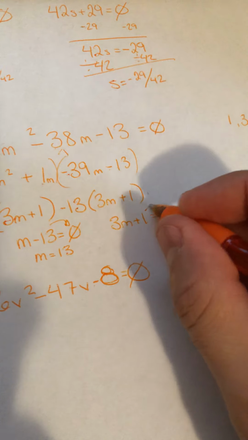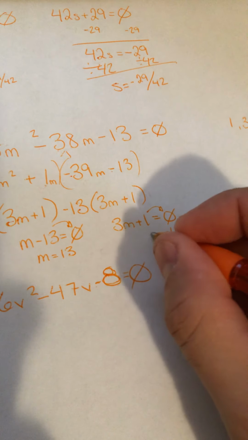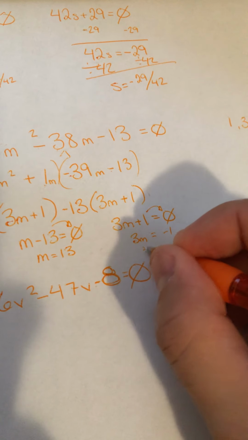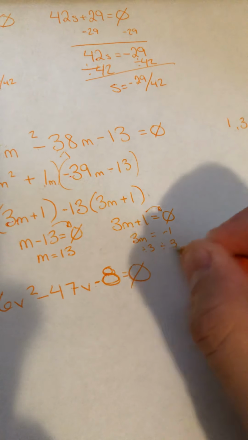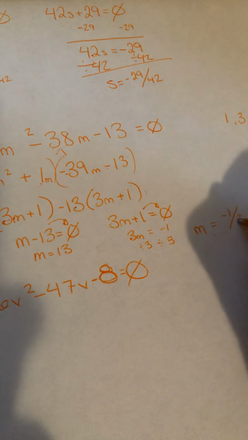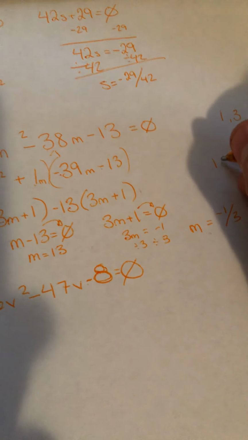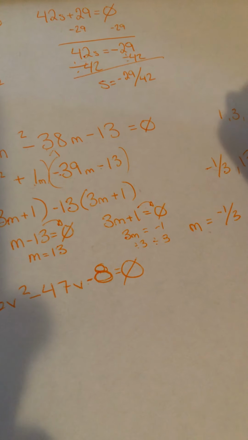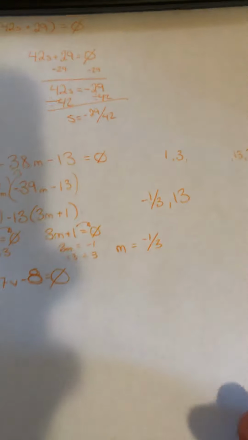And then move the 1 over here, gives you negative 1. So 3m equals negative 1, divide by 3, divide by 3. So m is going to equal negative 1/3. So your answer should be negative 1/3, comma, 13. It doesn't matter what order you put them in. Okay?